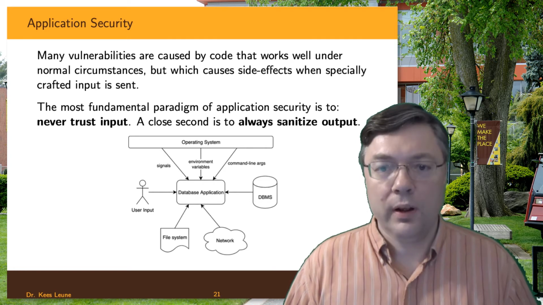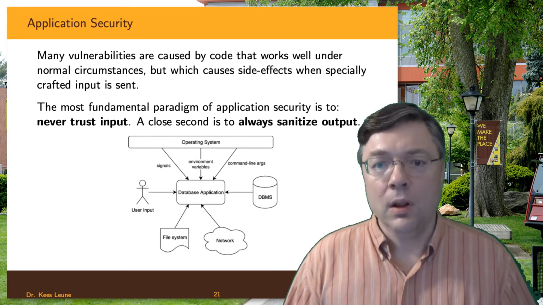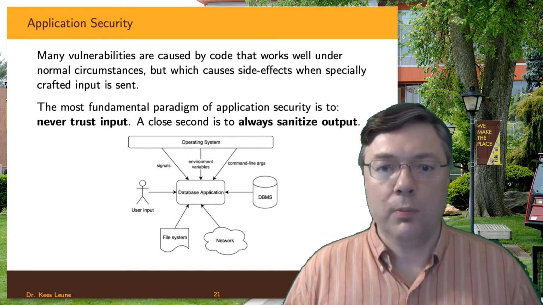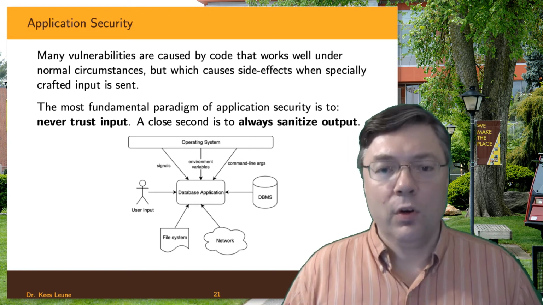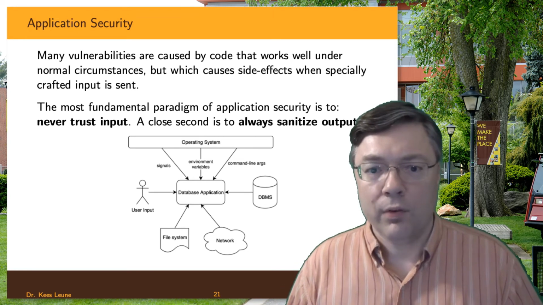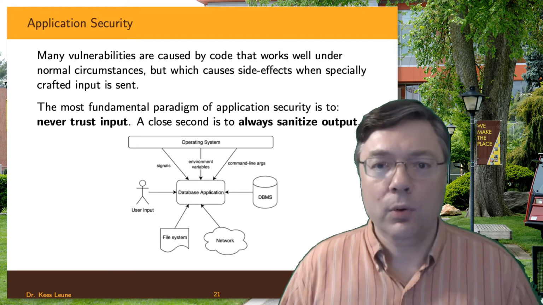But there are other input sources as well. For example, your database application probably at some point interacts with the file system. Maybe that's where it gets configuration options from. Maybe that's where it keeps temporary state. And even though the assumption is that whatever you write to the file system is how you find it back, you might be on a multi-user system.